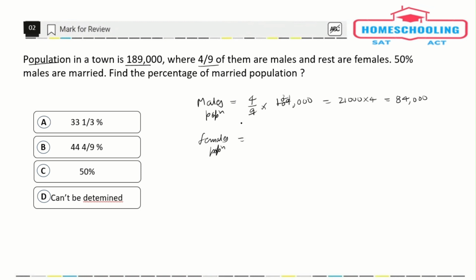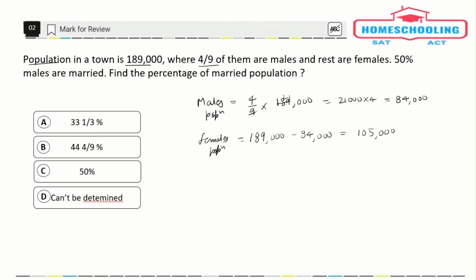Similarly, what would the female population be? The whole population is 189,000 and the male population is 84,000, so the female population would be 189,000 minus 84,000. That would be 105,000. So this is your female population, and this is your male population.